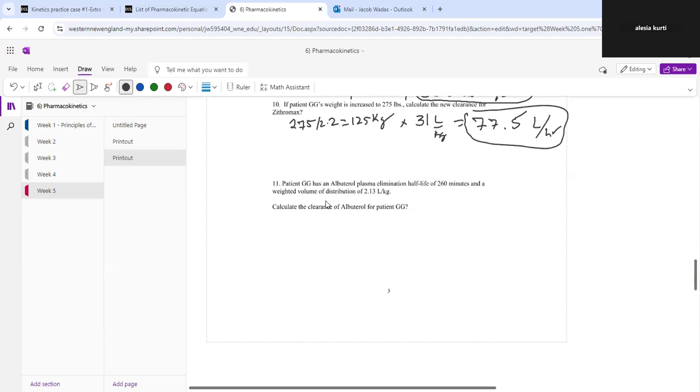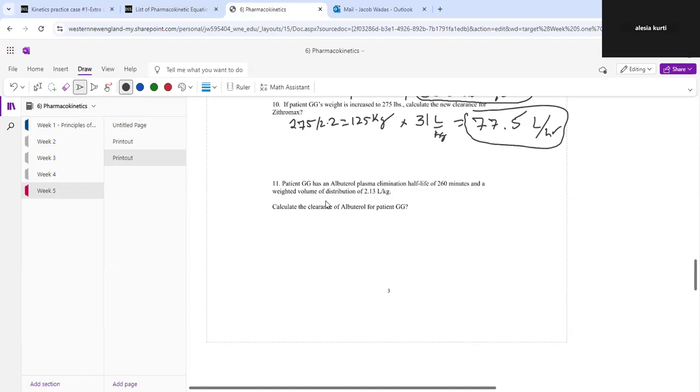I think it's 64 kilograms. The question didn't specify. Which weight do we have? 64, the actual patient's weight. Yeah, just go by actual patient.